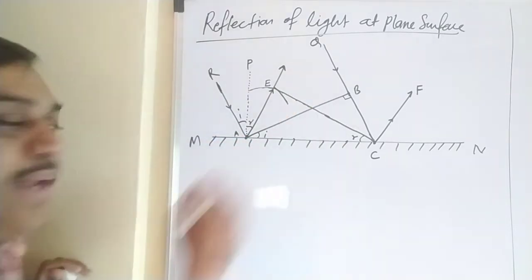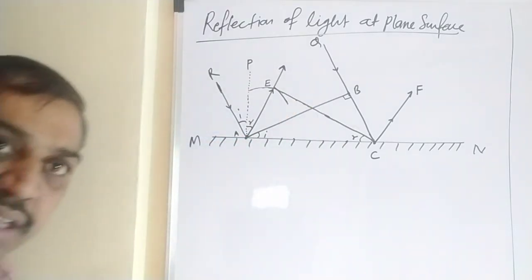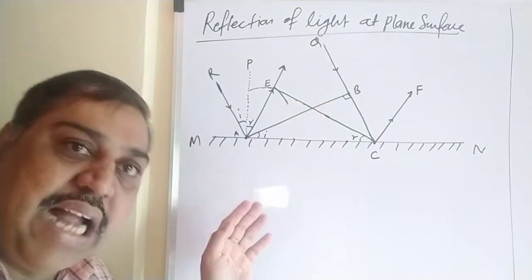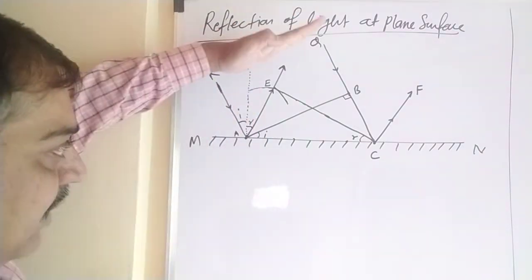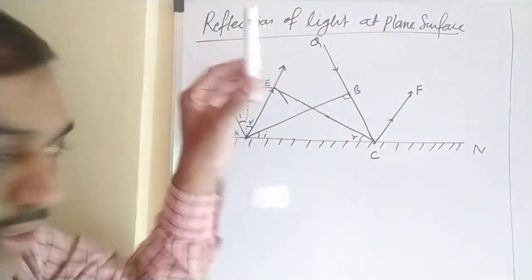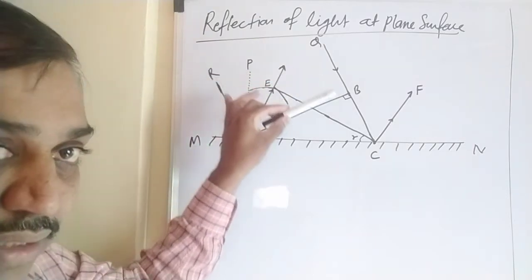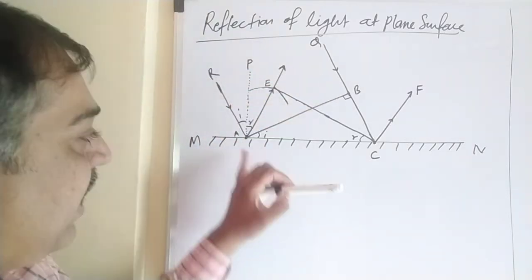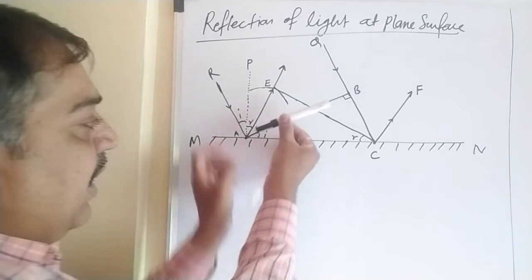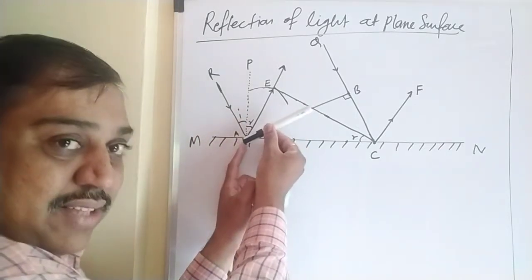Now this AB is a plane wavefront incident on the plane surface MN. It is seen that when it comes like this, it tries to be incident, just suppose like this plane wavefront. It comes like this. Initially one end, that is A, meets the reflecting surface.